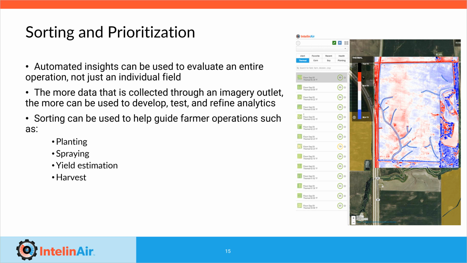When you have all these images, it gives you the ability to focus on, let's say, the top 5 or the top few to look at, where you think the probability of having problems is highest. That's a huge value of what can be brought with an automated system to analyze imagery.